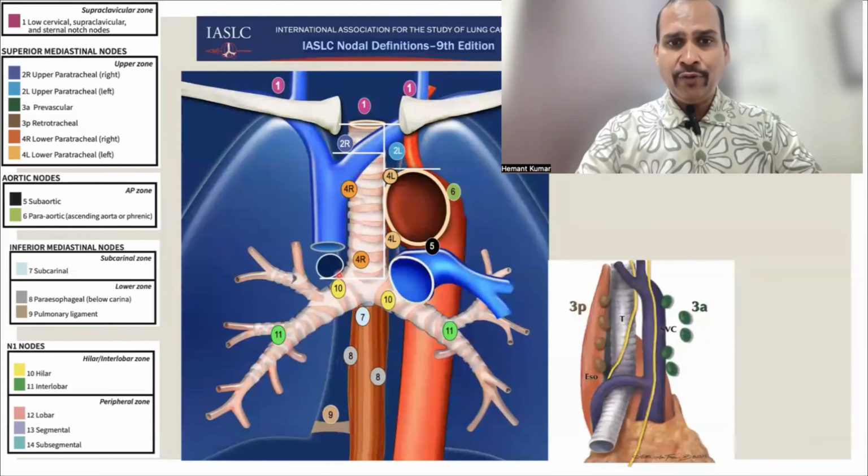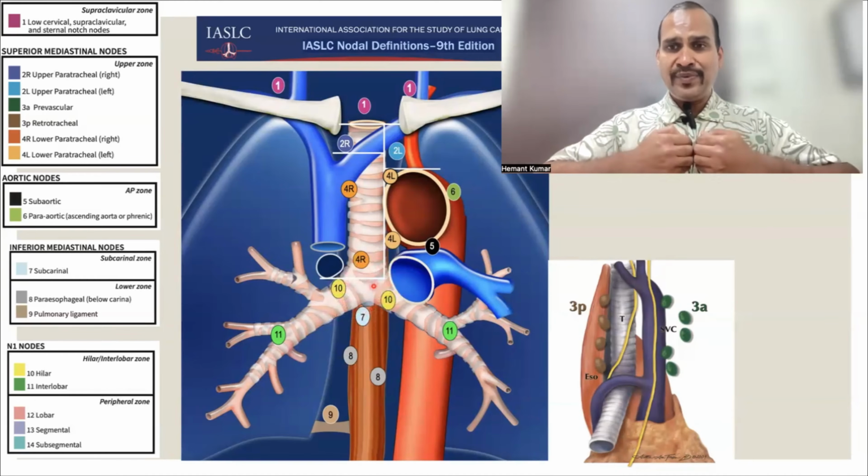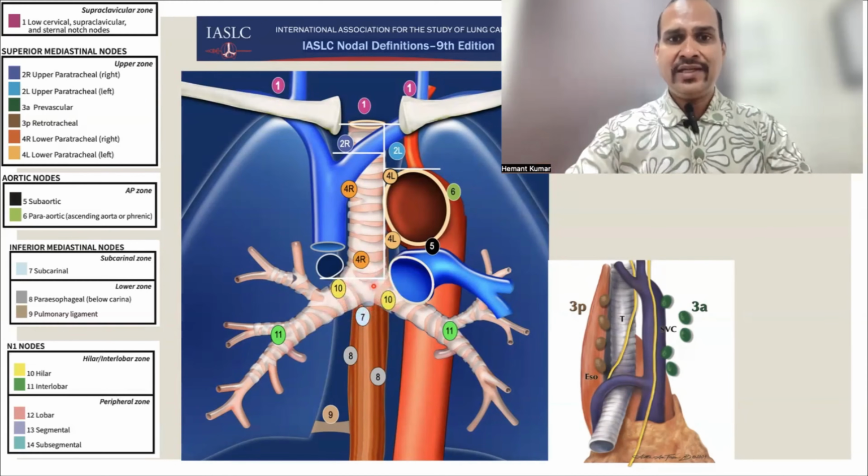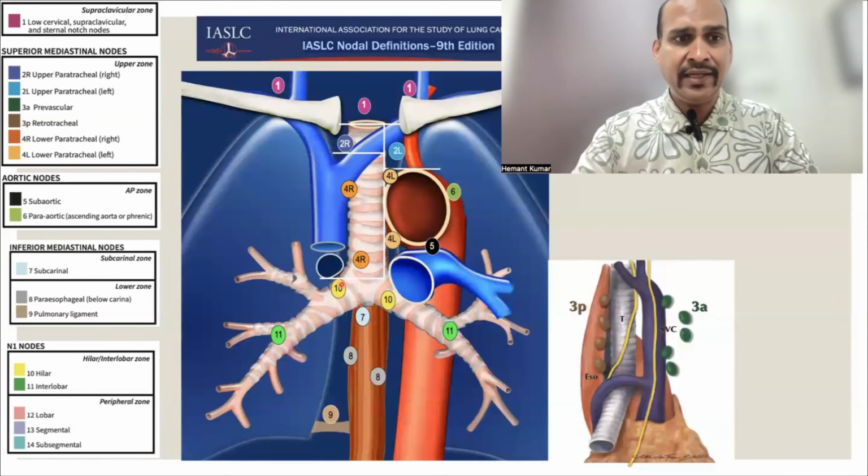Then from bifurcation of trachea or hilum, go from medial to lateral side. That is station 10. 10 is hilar lymph node. Then 11. 11 is interlobar. Then 12, 13, 14: lobar, segmental, then subsegmental.